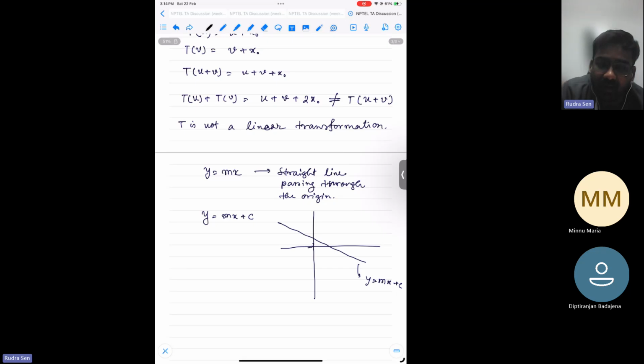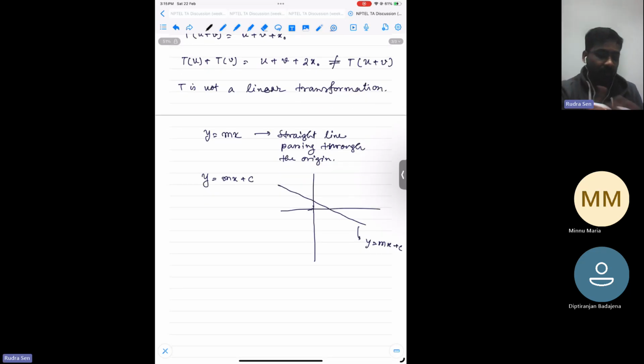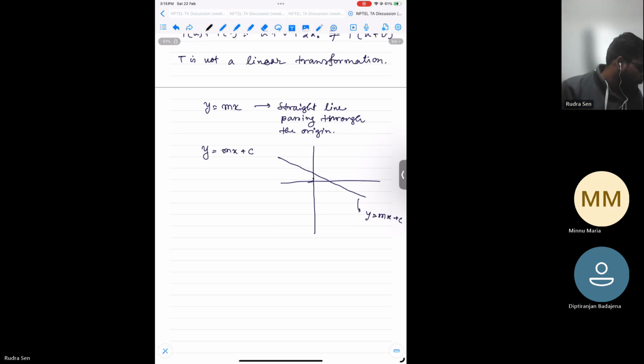This is a straight line, but it does not satisfy the property of linearity. So this is not a linear function. Whenever the affine part is added to the function, it no longer remains linear because it does not follow linearity.